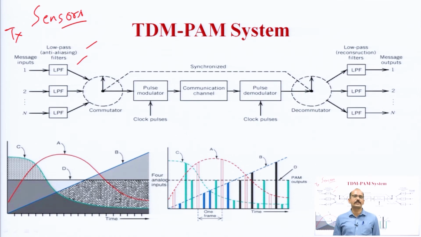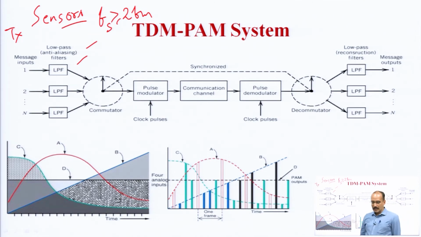Here I want to mention you one point. For the sampling or the ideal sampling or the natural sampling or the flat top sampling, there is a condition which is called Nyquist criteria, which state that Fs is always greater than or equal to twice of Fm, means the sampling frequency will always be greater than or equal to the twice of message frequency, otherwise there is a problem of overlapping the signal which is called aliasing.